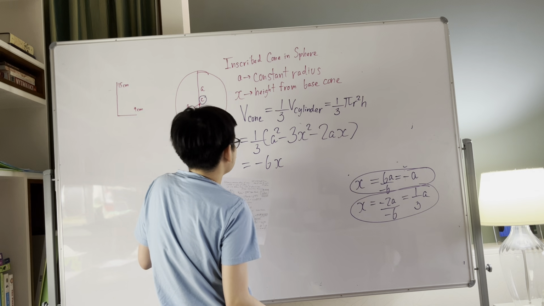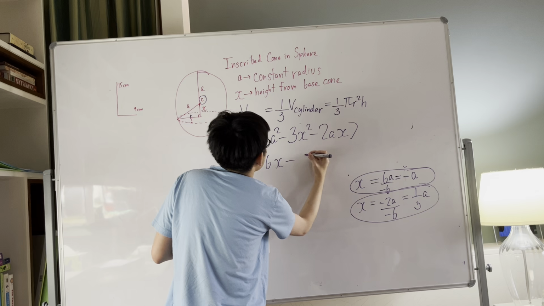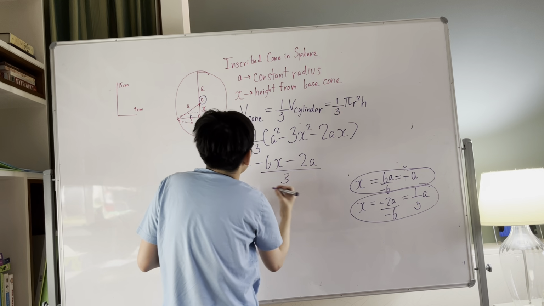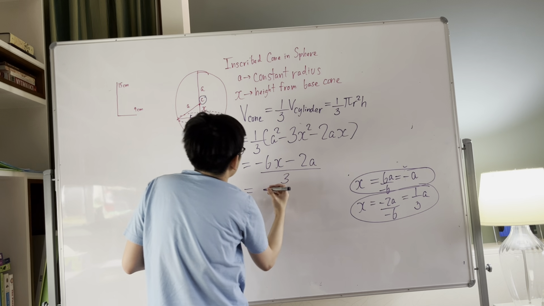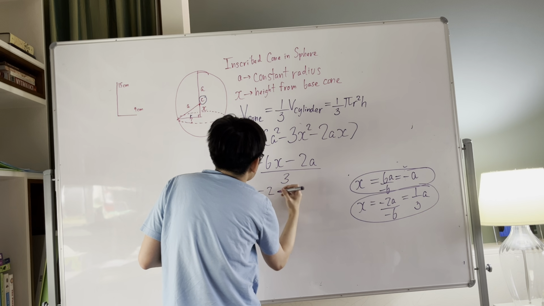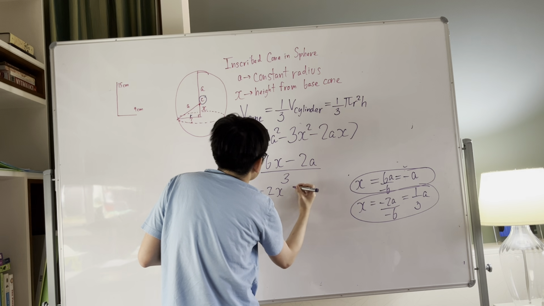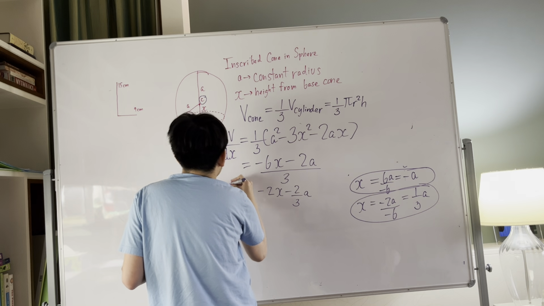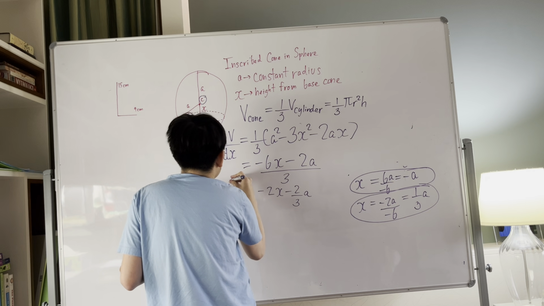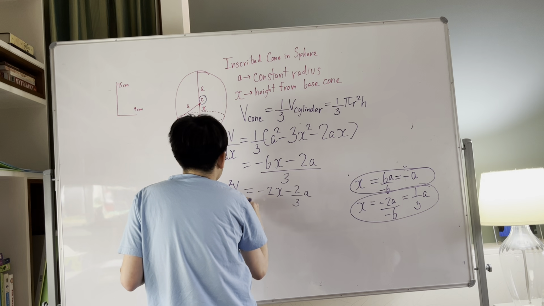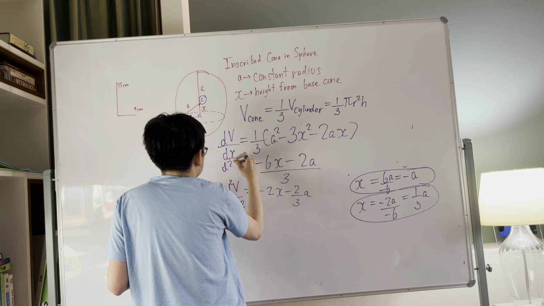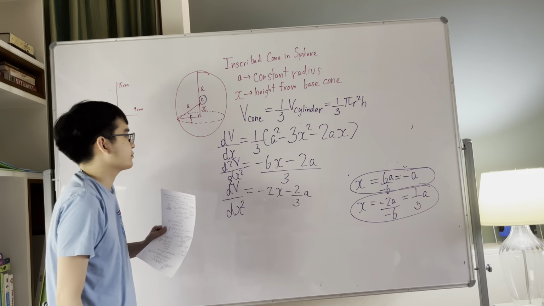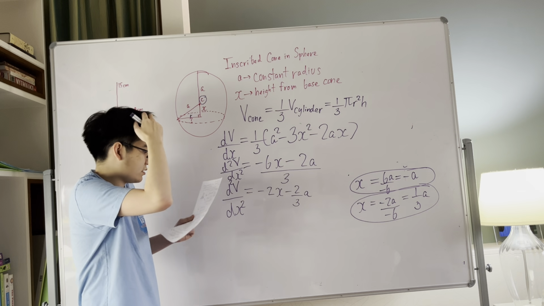Minus 6x minus 2a, all divided by 3, which becomes minus 2/3 times 2x minus 2/3 a. That's d squared V over dx squared. Sorry, that's a bit scrunched there.